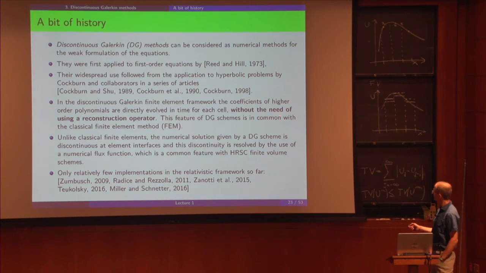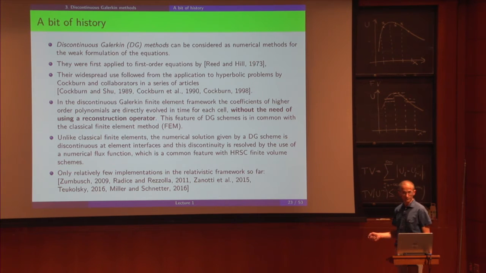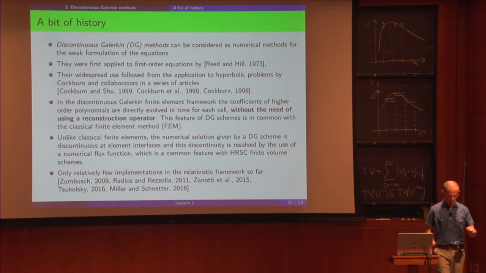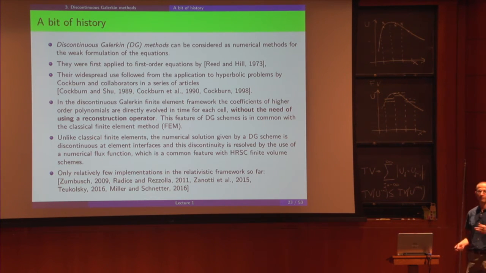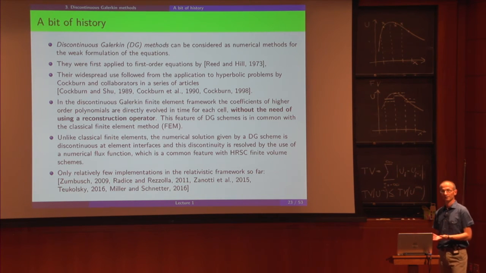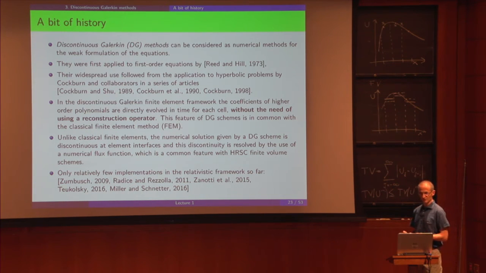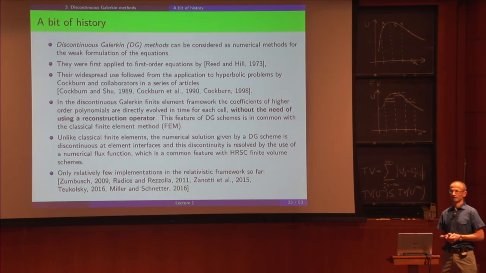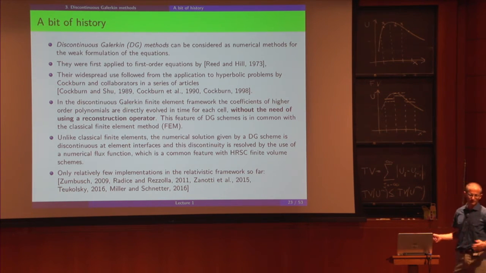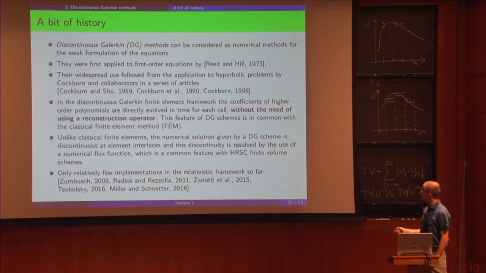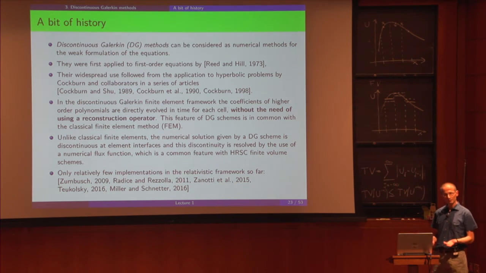And so we don't have any reconstruction operator. Unlike in finite volume, we don't have to reconstruct a profile within a cell because we already have a polynomial within the cell, which is the discontinuous polynomial. This feature is in common with the finite element method that has been used for a long time in engineering applications. However, unlike classical finite elements, the numerical solution given by this discontinuous Galerkin scheme can be discontinuous at interfaces between elements.